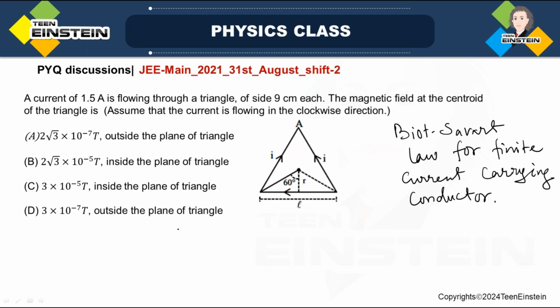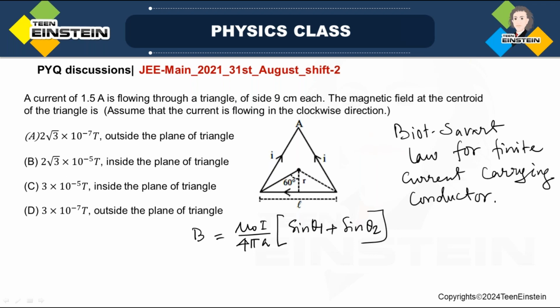So what is the formula for the magnetic field? Magnetic field will be given by mu0 I by 4 pi a, or r, whatever you say, into sine theta 1 plus sine theta 2. This is the formula. See here, what are sine theta 1 and sine theta 2? In this case, I have 3 wires.